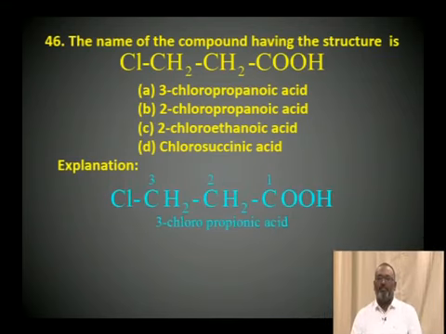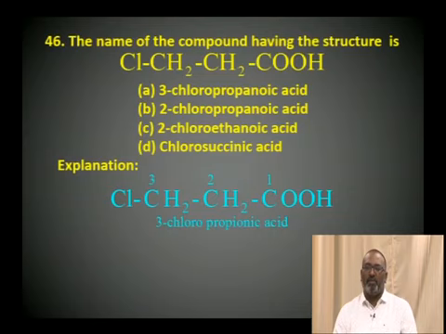As you know, the carboxylic acid functional group, COOH, is the primary functional group here, and it is bearing a carbon atom. That is why that carbon atom is given number 1. So the third carbon atom is bearing chlorine. So the answer is 3-chloropropanoic acid, option A.